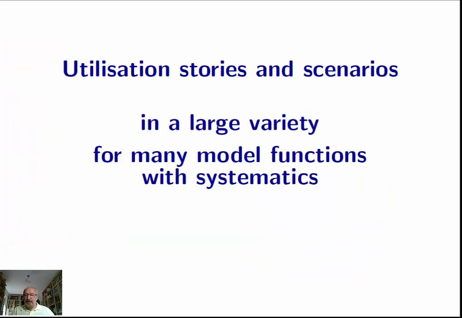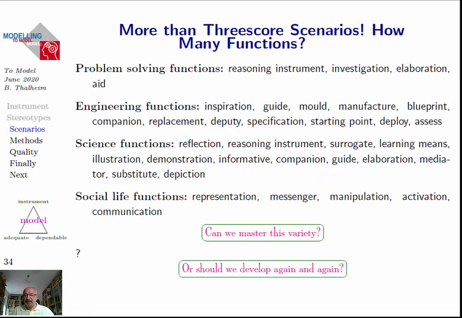That leads us directly to description of some utilization stories and scenarios. We might have a very large variety of function models, and of course we would like to have some kind of systematics. Which functions do we have? Using our special stereotypes of models, we have to consider 4 different kinds of functions.